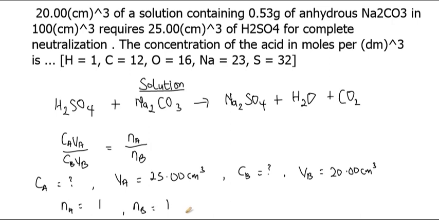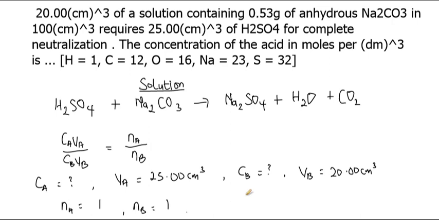Having done this, we'll discover that the concentration of the acid is unknown and the concentration of the base is unknown as well. So what do we do? From the question, we can calculate the concentration of the base in moles per dm³, being given the concentration of the base in grams.